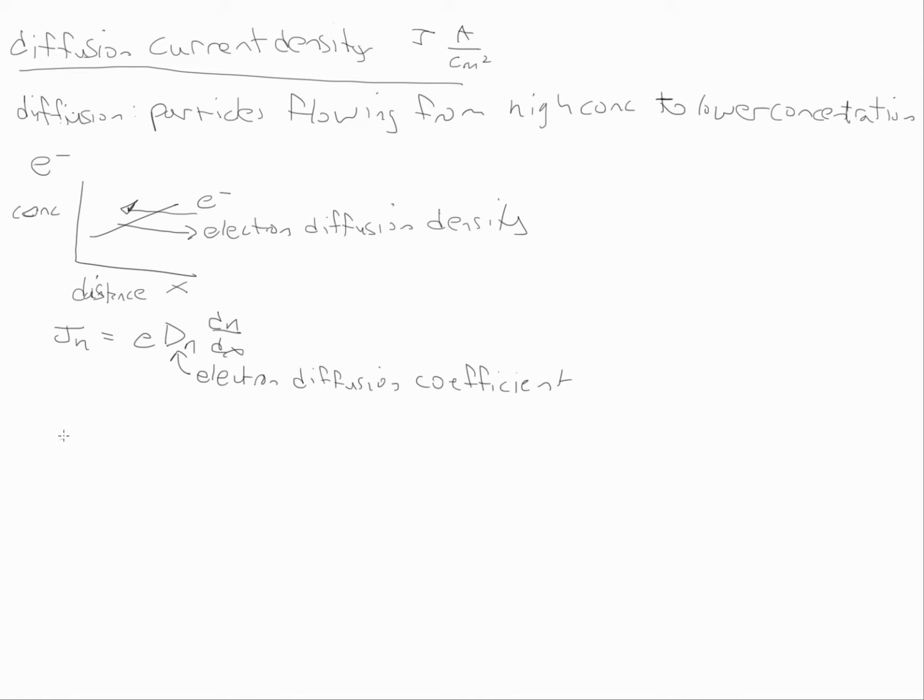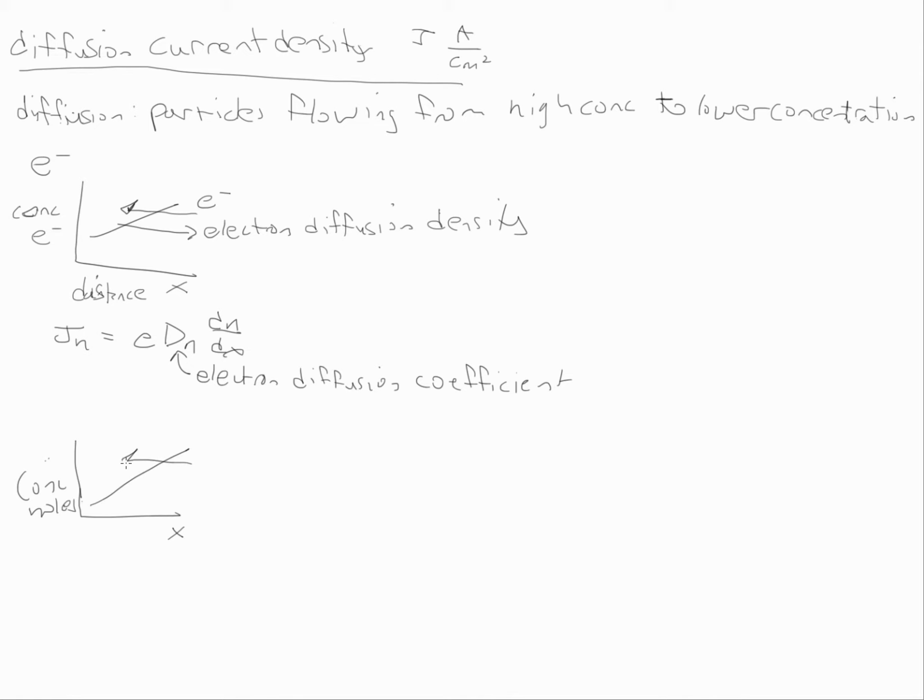And likewise, you could have a similar graph for your holes, concentration of holes, where this was electrons. And again, x and distance, and a little graph showing increased concentration.